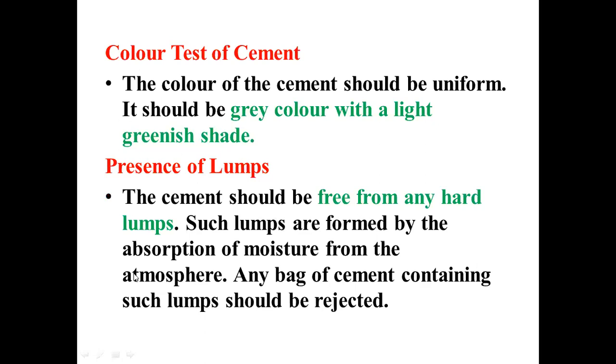Lumps are generated only because of absorbed moisture, so it is no longer fine cement or powder form, and we cannot use it in construction. Any bag of cement containing such lumps should be rejected. This is about the presence of lumps. First is color, then the lumps should not be there.